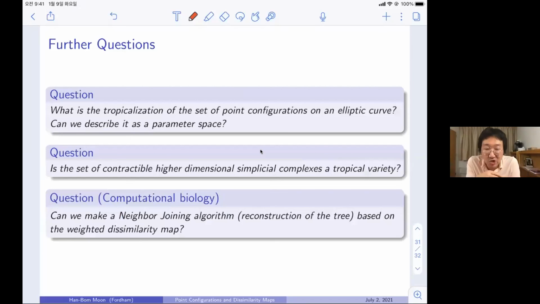As far as I know, there have been several attempts, but I don't think that there is any satisfactory theory about the group action, how we can define the group action, even the tropical group. It would be really nice if somebody can find the right definition of a tropical group. So my answer is, honestly, I don't know, but it is a really interesting question.